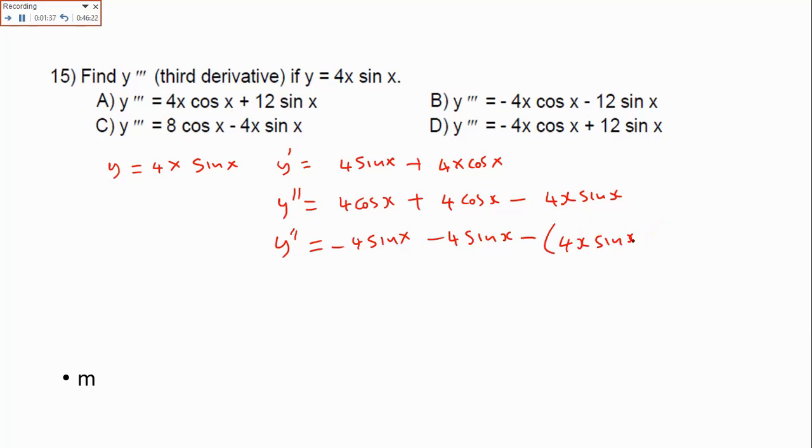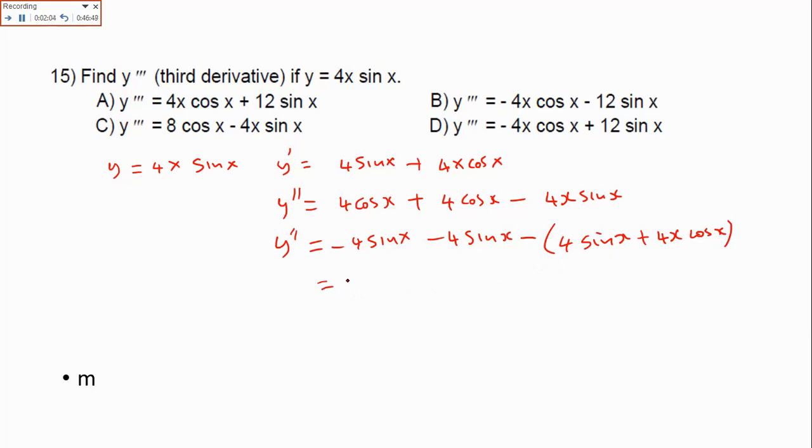And then 4 sine x, with derivative with respect to x, and then with derivative with respect to the sine, it's going to give us more, plus 4x cosine x.